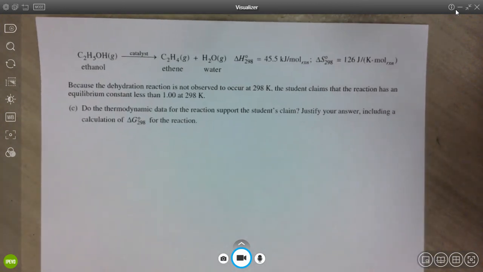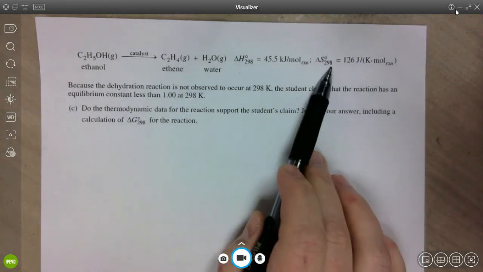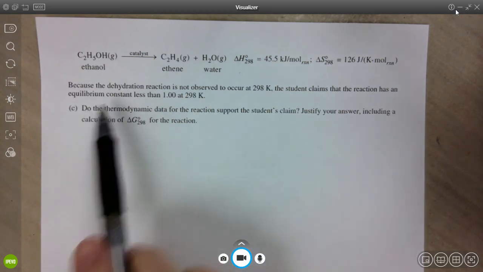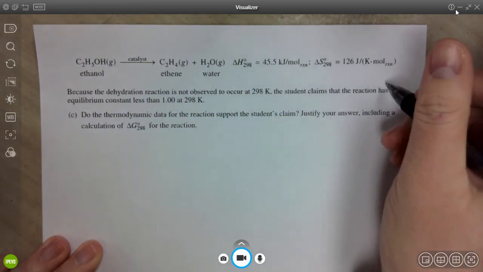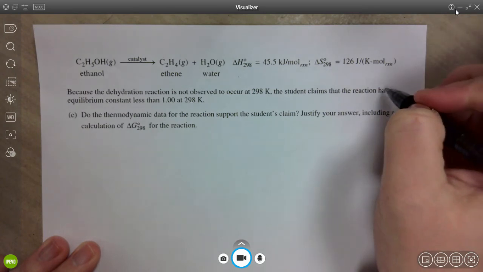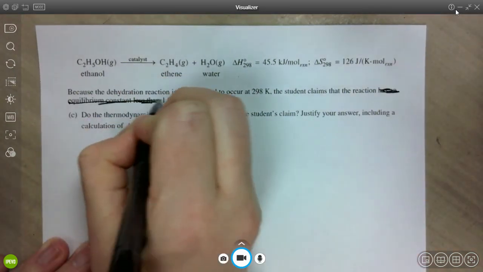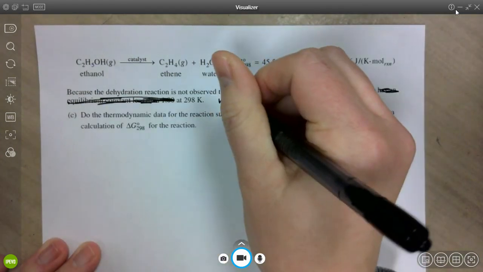So if we take a look here, we've got a reaction, and they give us the H and the S. If they give you both of those, there's a good chance you're doing a Gibbs calculation. Because the dehydration is not observed to occur at 298, the student claims the reaction has an equilibrium constant less than 1. We haven't talked about equilibrium, and I forgot to change this.